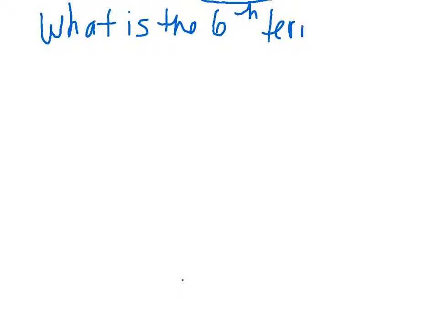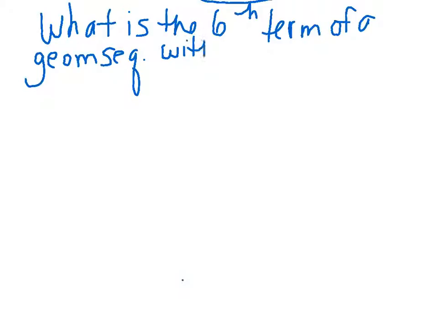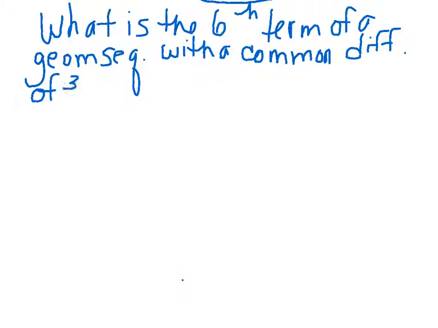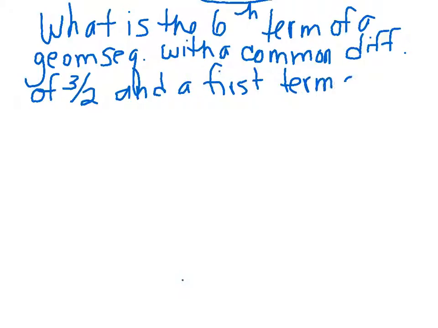What is the 6th term of a geometric sequence with a common difference of, we'll say, 3/2, and a first term of 5?